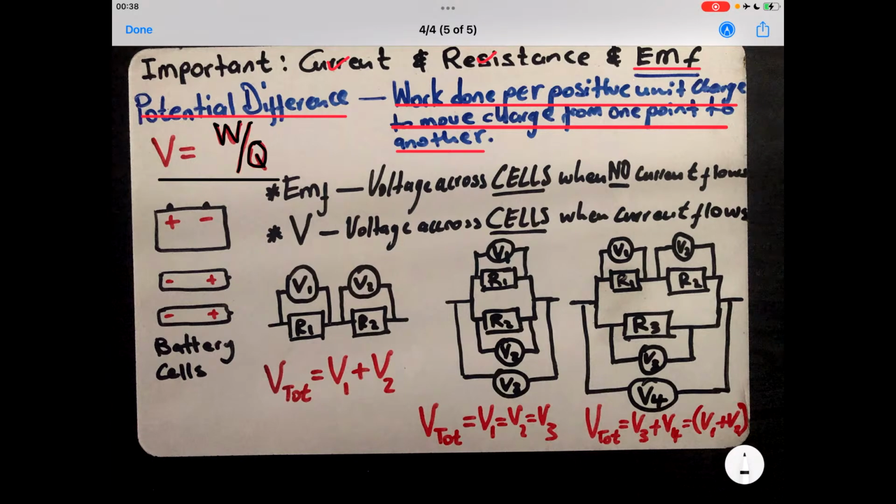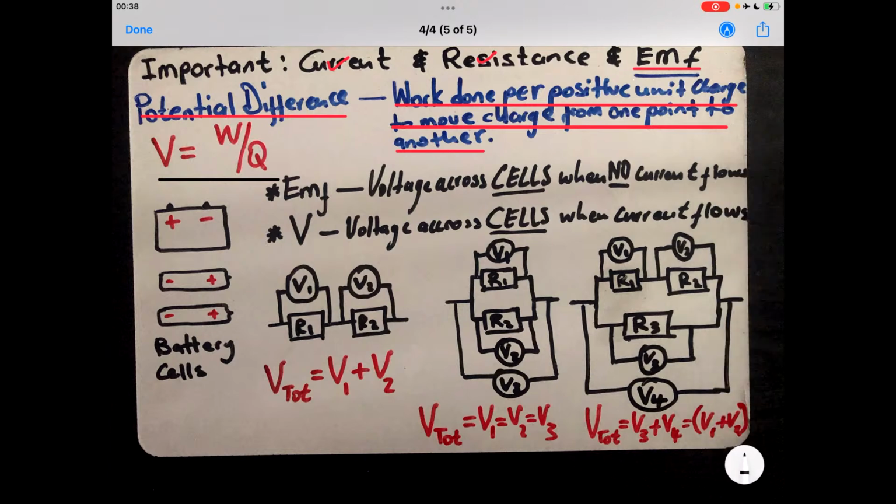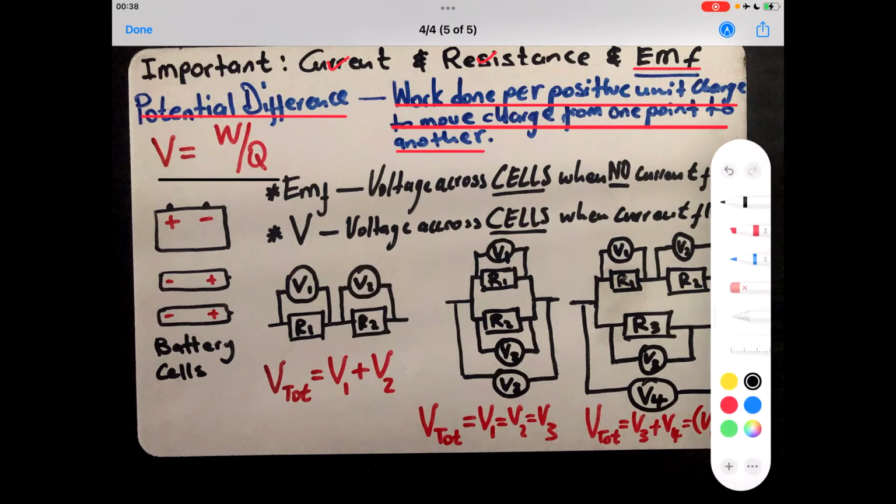So very quickly, honorable members, I think it's worth it for me to explain the EMF and again the V, the potential difference, because I used to get confused about what exactly the EMF is. Here's the difference.